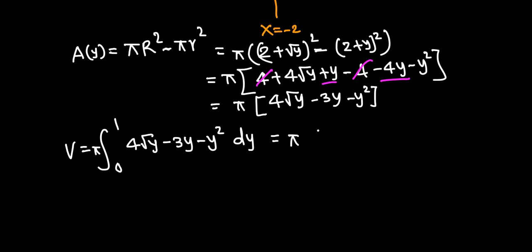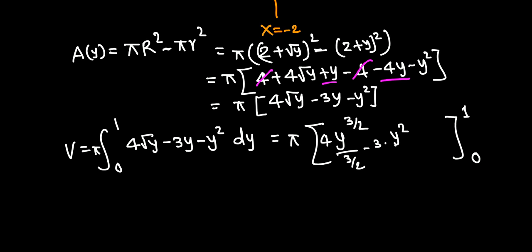Pi outside, I'm going to integrate term by term and evaluate from 0 to 1. So 4 root y is 4 y raised to 1/2, integrate: y raised to 1/2 plus 1, 3/2, divided by 3/2, minus 3 times y squared over 2, minus the antiderivative of y squared, y cubed over 3.